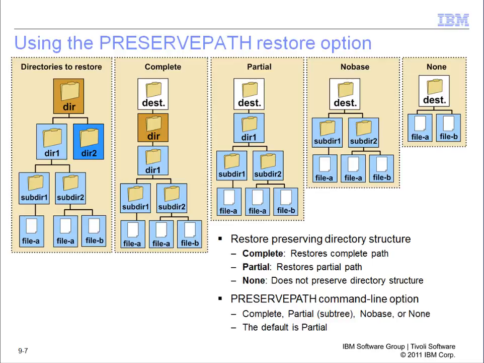It would be the entire directory tree. NoBase refers to the directory but without the lowest level or base directory. And then none is restore all of your files to the target directory, but no part of the source directory or above would be reproduced at the target.